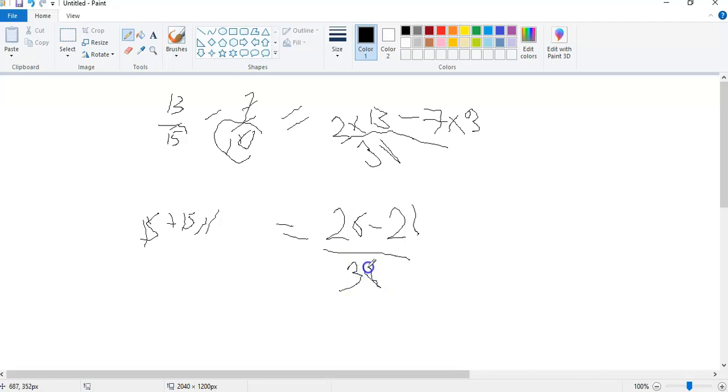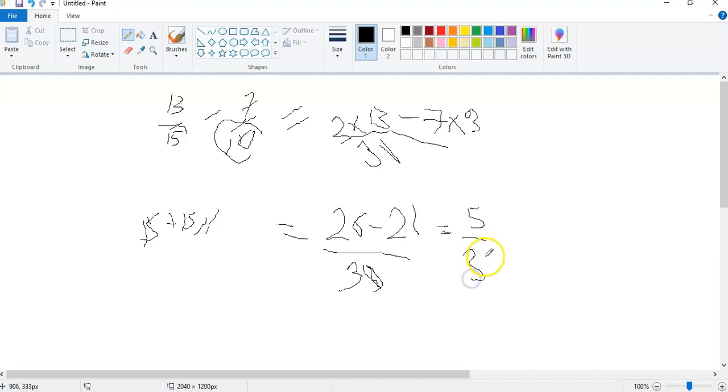If you are slow at memorizing it, you should know how you get it. Multiplication is just adding that number multiple times, then you can get each of the multiplications. Now 26 minus 21 should give us 5. So 5 divided by 30.